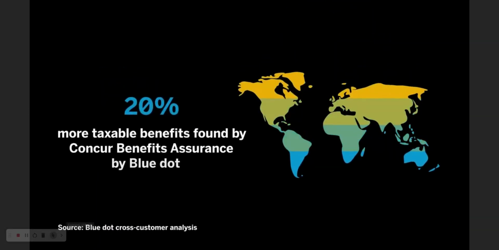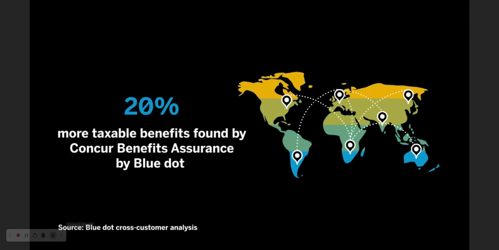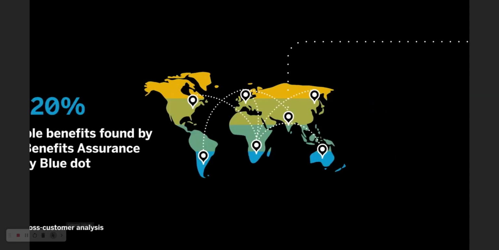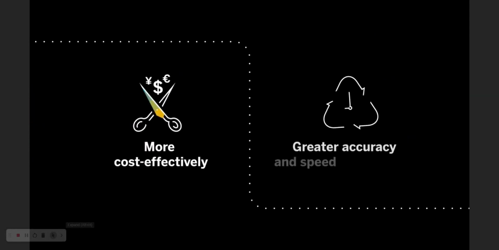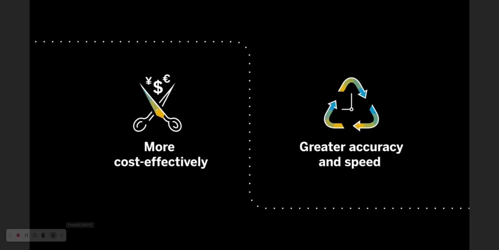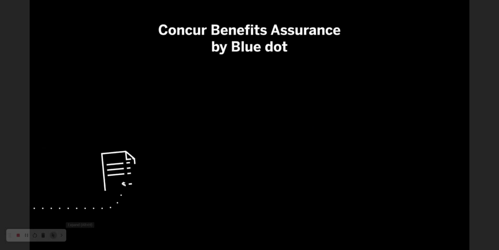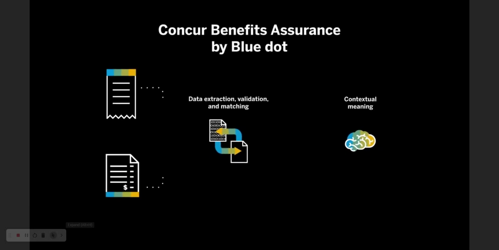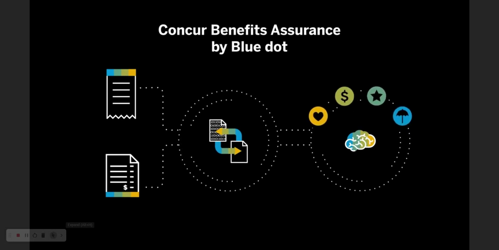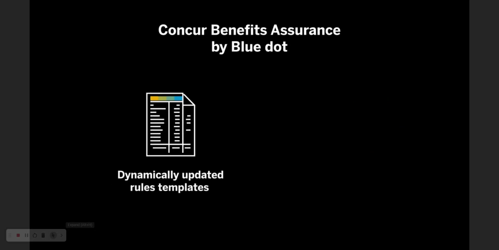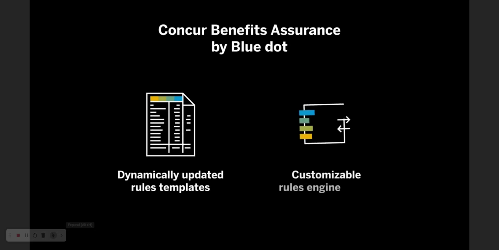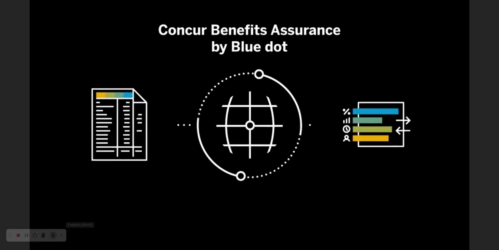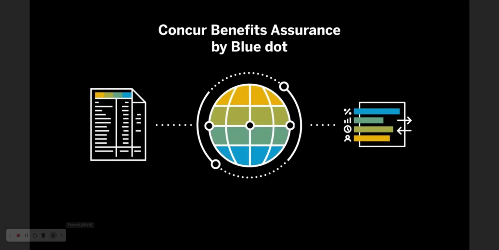It handles the complexity of each country's tax regulations together with your company policy, more cost-effectively and with greater accuracy and speed. Concur Benefits Assurance runs seamlessly behind the scenes. Its computational engine learns and makes sense of information in context, while dynamically updated rules templates and a customizable rules engine allow you to track benefits on a global scale.